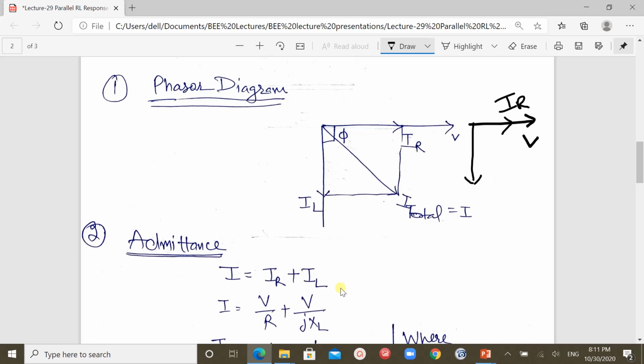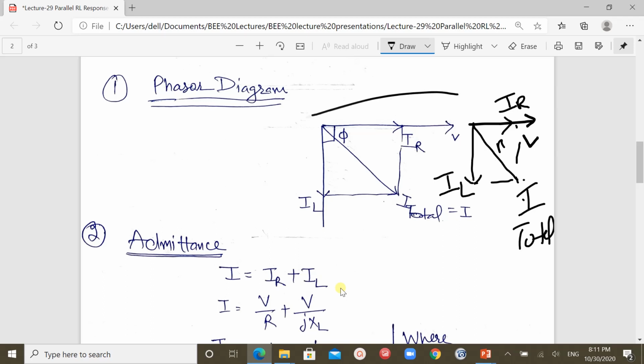So the current in the inductor is lagging behind the applied voltage. Now we draw the rectangle and we find the resultant, which is known as I total. So here I have drawn a neat and clean diagram.